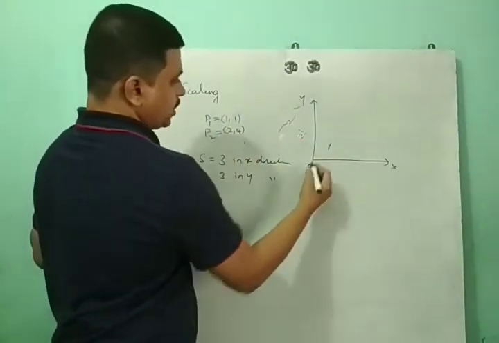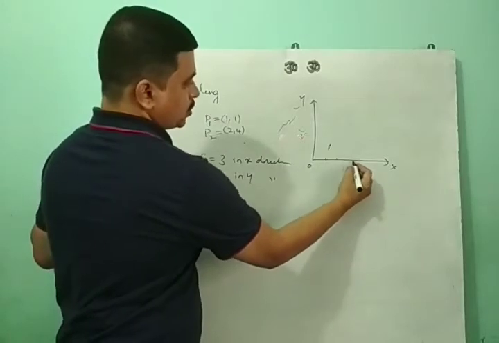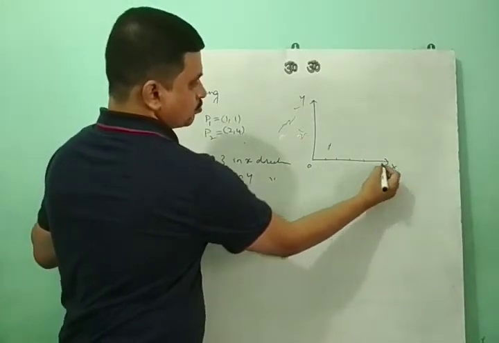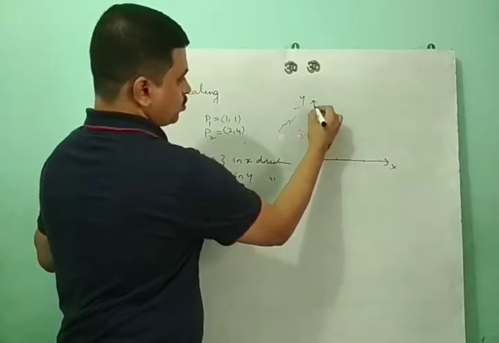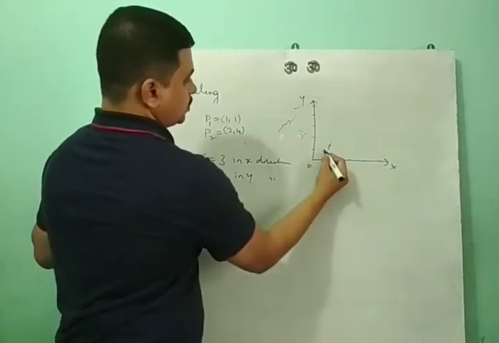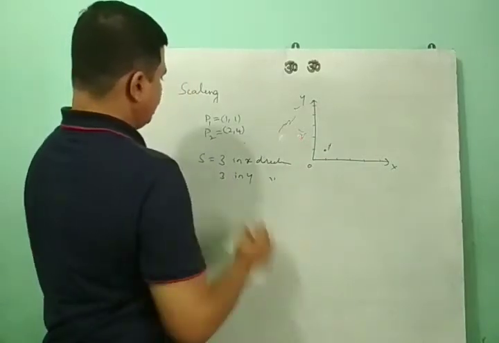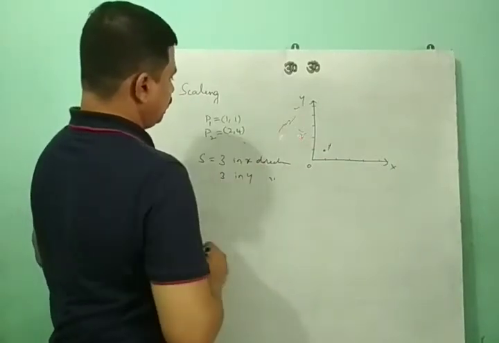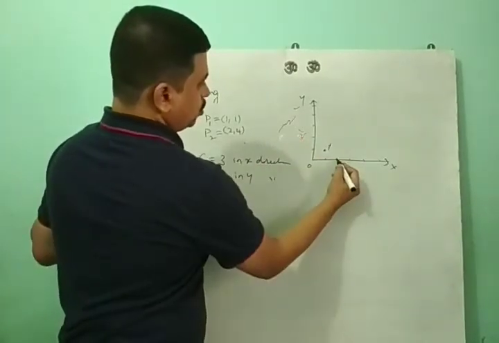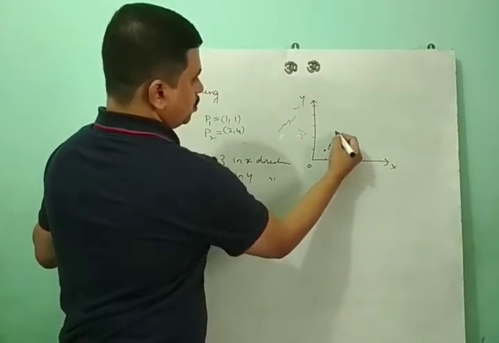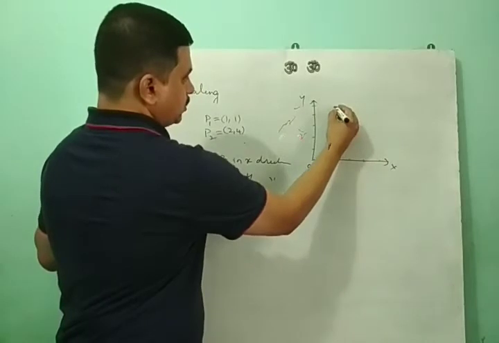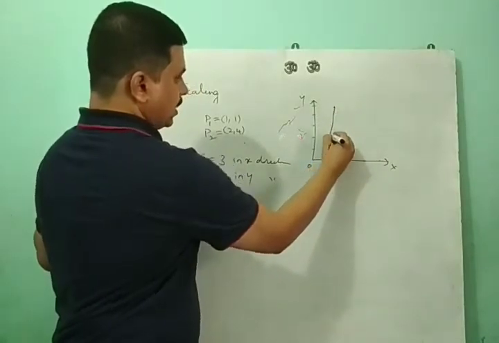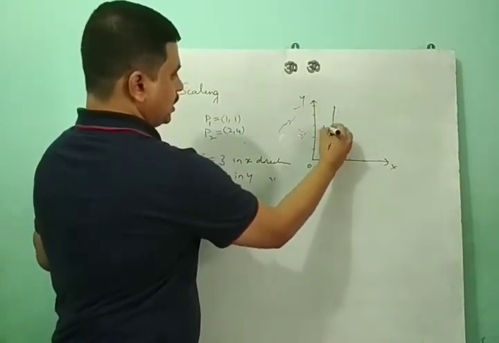The first one is 1, 1, so 1, 1 will come here. Then 2, 4: 2, and 1, 2, 3, 4. So 2, 4 will come here. So this defines the given line. We can call it L.